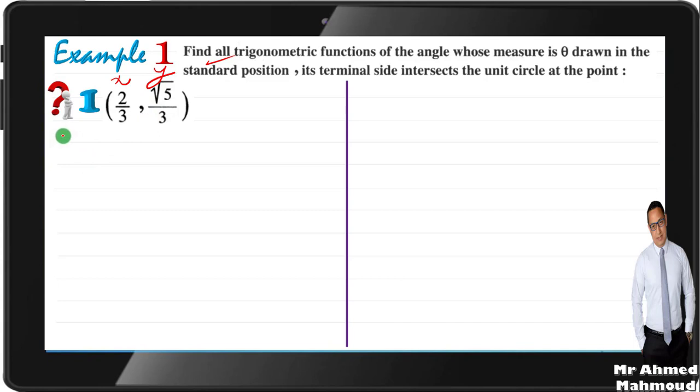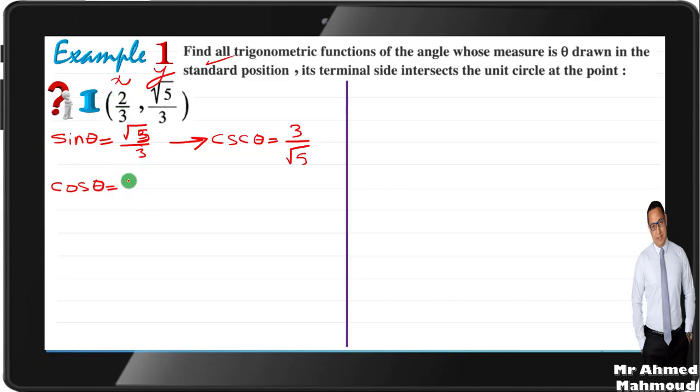So sine theta equals y, which equals root 5 over 3, and its opposite is cosec theta. Make this one upside down, it will be 3 over root 5, and you can put it in the simplest form, it's up to you. Number 2, the cosine of theta, which is x.